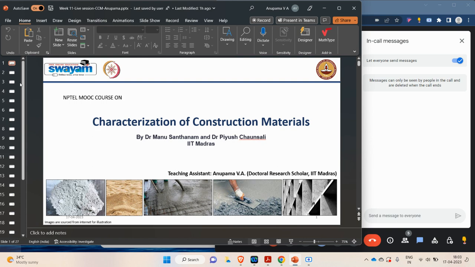If the connectivity of the pores is really good in a material system, then external ions and materials like sulfates, carbon dioxide, etc., can get into the material very fast, and this can affect the durability and curtail the lifespan of the structure. So let's move to the first question.